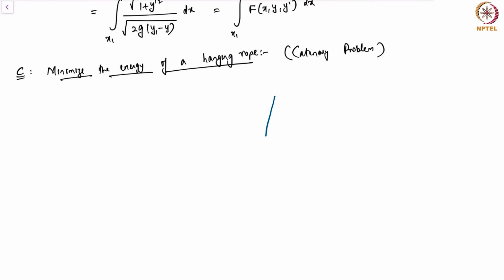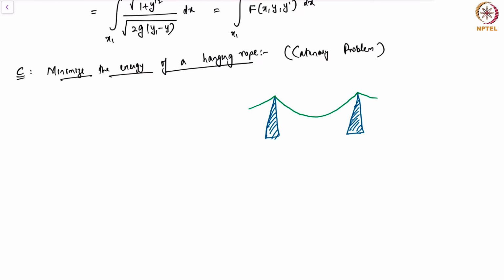So you have, let's say, a fixed post here and another fixed post here. You have a rope between these two fixed posts, and the question is, if the rope has its own weight, what is the shape of this rope?